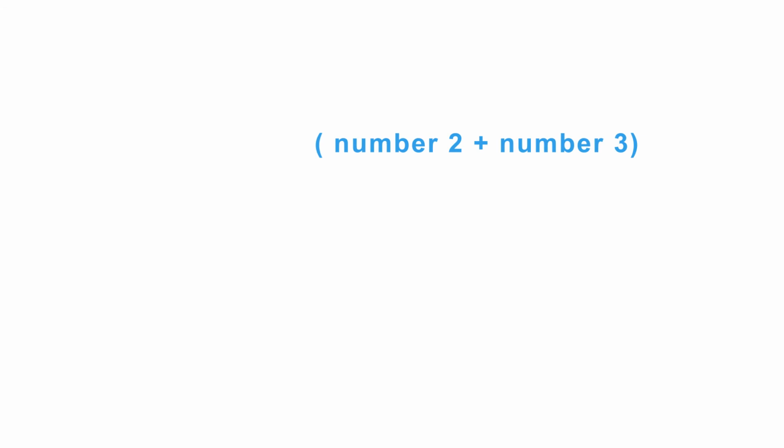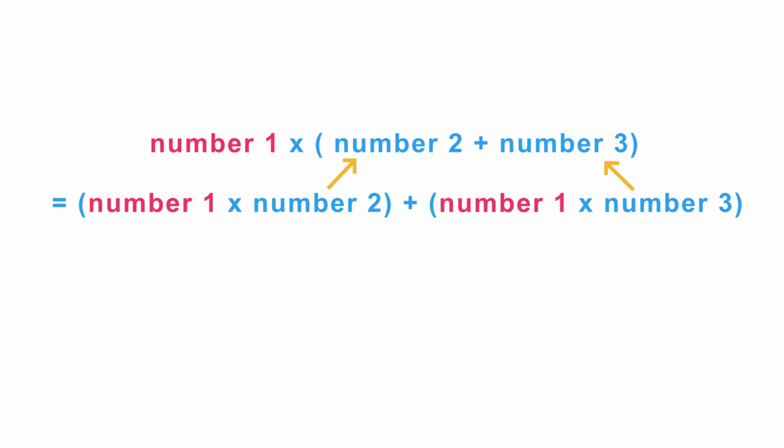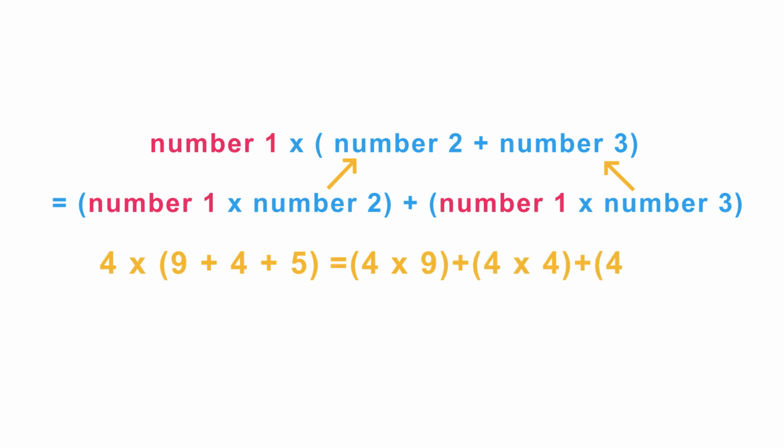When a sum of numbers is multiplied by a number, it is equivalent to the sum of each number multiplied by the same number. For example, 4 multiplied by (9 plus 4 plus 5) is the same as 4 multiplied by 9 plus 4 multiplied by 4 plus 4 multiplied by 5.